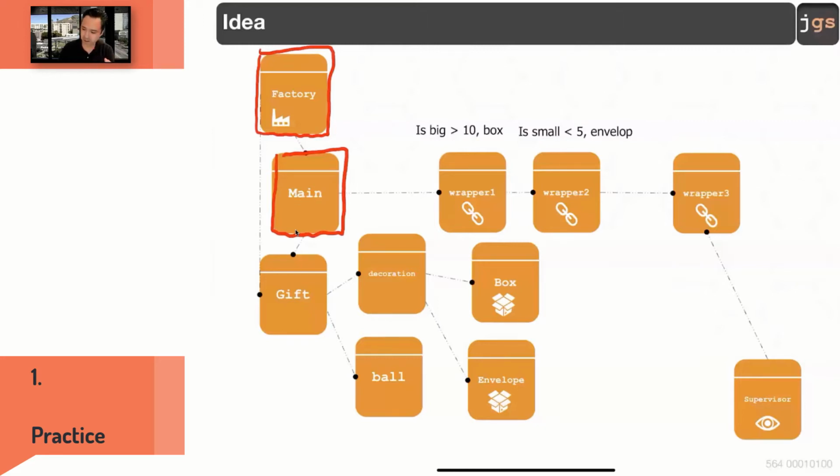This factory needs an interface. Remember the pattern? Every single factory is a child that inherits from an interface that represents, right? The abstract factory, that's correct.